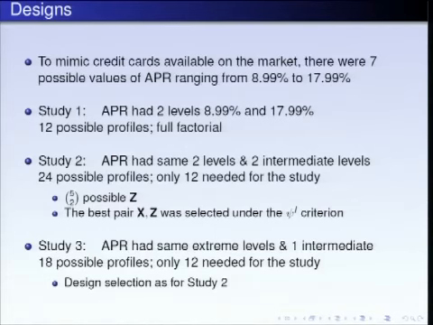So that's 2 times 2 providers times 3 rewards. So there are 12 possible profiles, and the study is going to have 12 profiles. So this is a full factorial. In study 2, we took the same 2 extreme levels, and then we wanted to select 2 out of the 5 remaining possible levels of the credit card for 2 intermediate levels. So that gave us 24 possible profiles altogether.